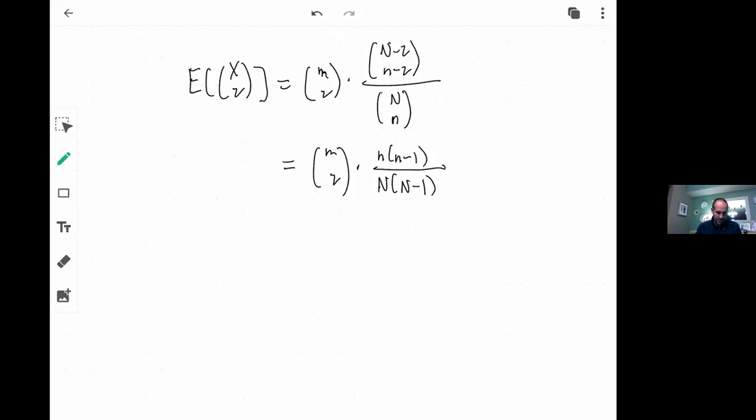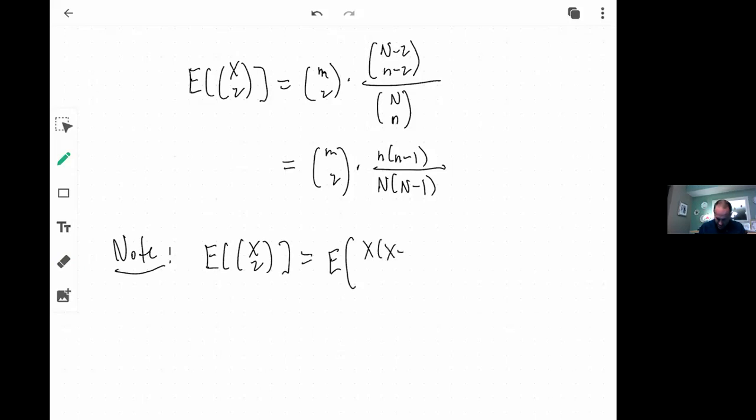And by the way, just think out loud: what is the expected value of x? Oh, well, before I do that, let me just mention. Note, the expected value of x choose 2 is just the expected value of x times x minus 1 over 2. Because I could just say x factorial over 2 factorial times x minus 2 factorial.